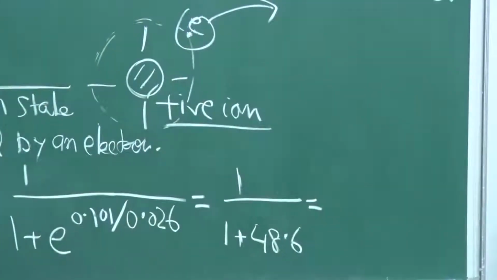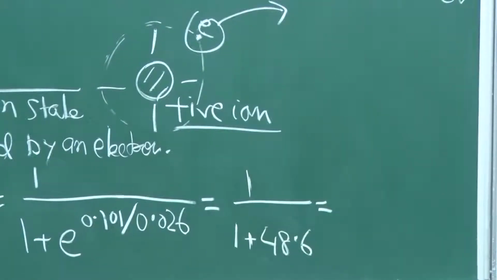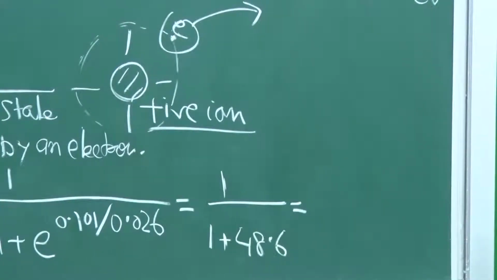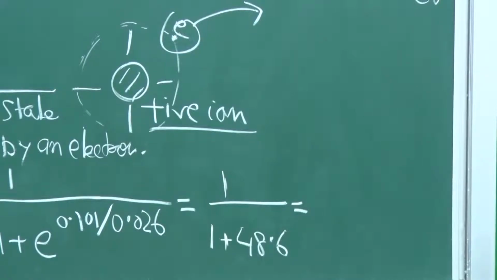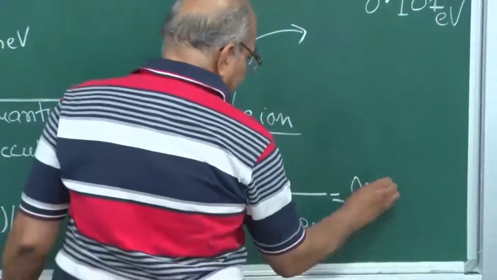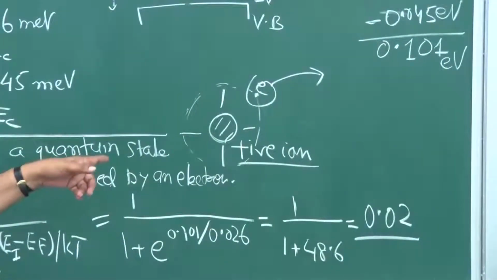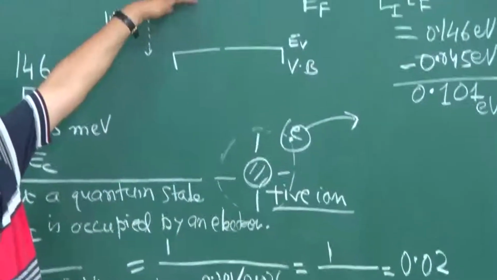So that is 1 divided by 49.6, almost 0.02. But still let me do that: 1 divided by 49.6 equals 0.0201, so almost 0.02. So this is the probability of one quantum state being filled here.